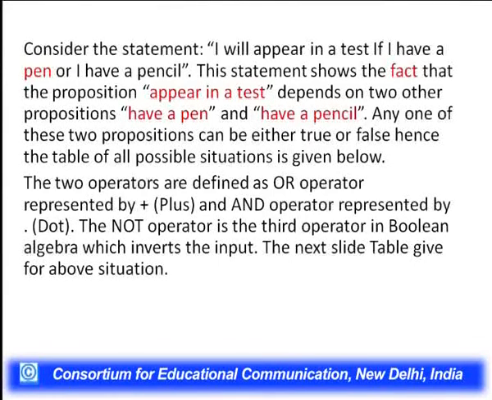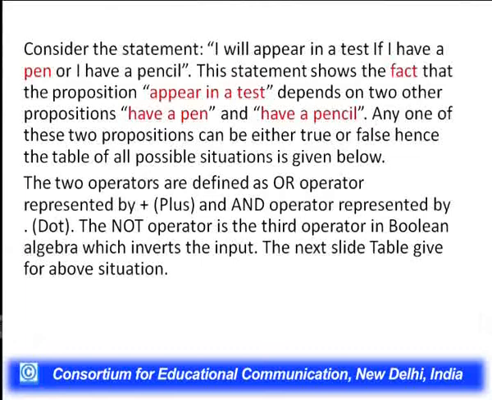Any one of these two propositions can be either true or false, hence the table of all possible situations is given below. The two operators are defined as: the OR operator represented by plus, and the AND operator represented by dot, also known as the dot operator.